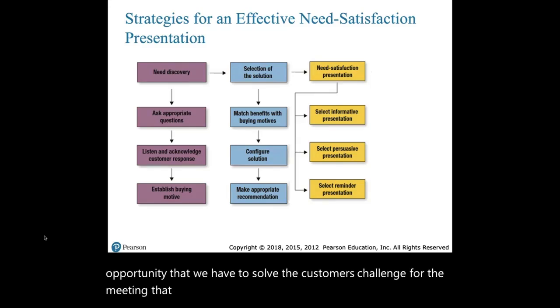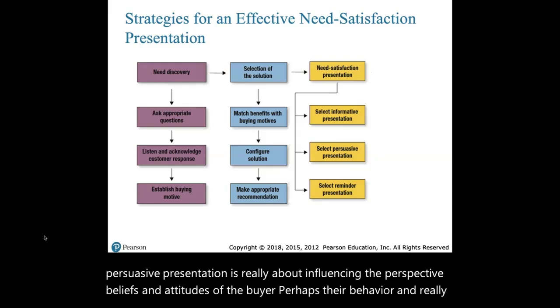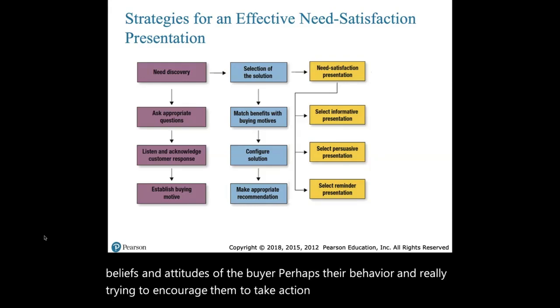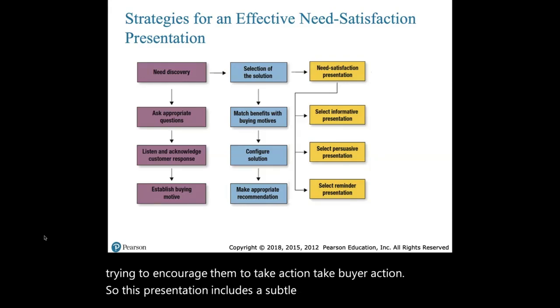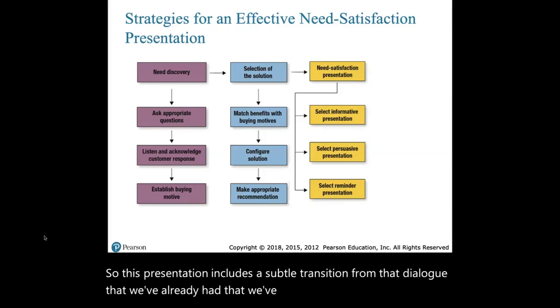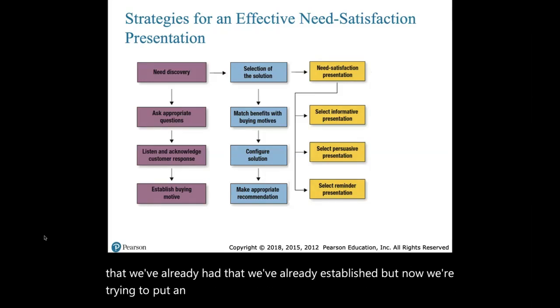Next is a persuasive presentation. So a persuasive presentation is really about influencing the prospective beliefs and attitudes of the buyer, perhaps their behavior, and really trying to encourage them to take action, take buyer action. So this presentation includes a subtle transition from that dialogue that we've already had, that we've already established, but now we're trying to put an emphasis emotionally, trying to make them look into creating some sort of action.